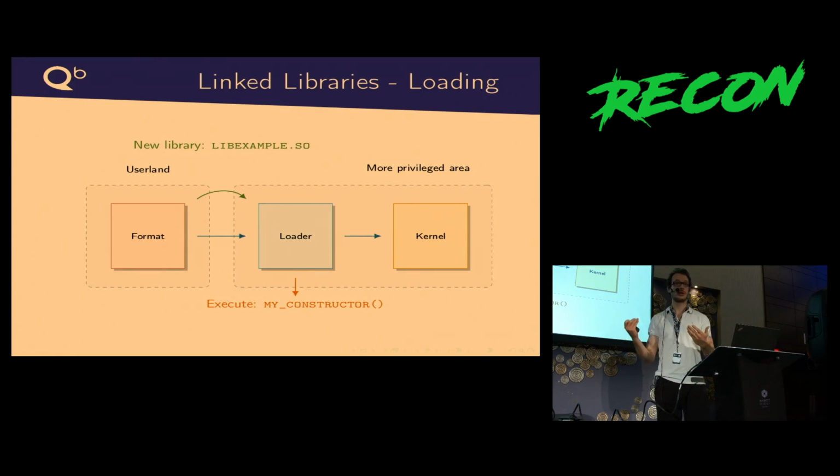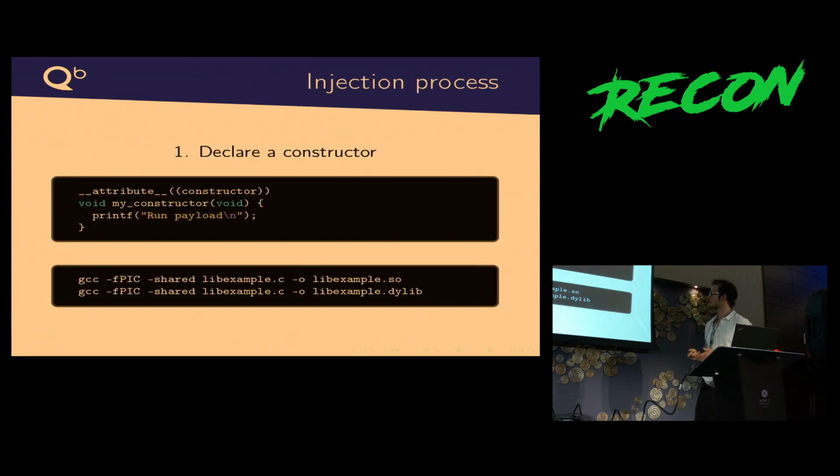We just add a new dependency to the program, as we would do, for example, for the libc, and the loader will just load the library into the memory space of the program. So here is an example of such a library.